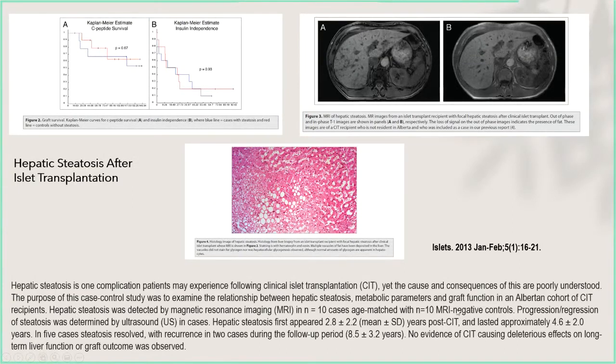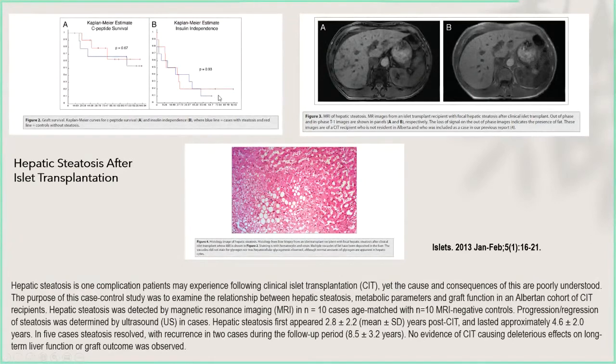So this is the clinical islet transplant program in Canada, and they had followed these patients over time, and they looked at the patients to see if those who had more fat in the liver had a worsening of what happened to the islet graft function.